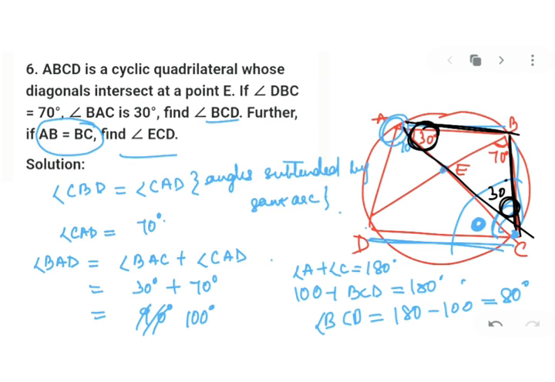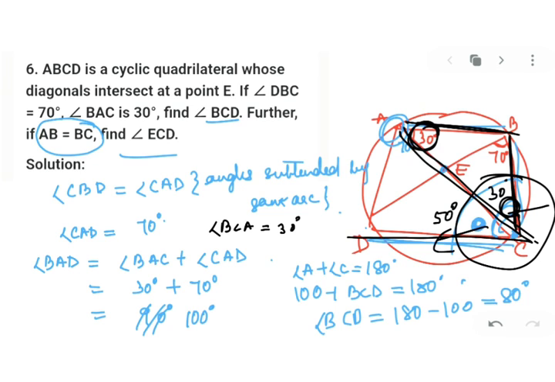So I can write angle BCA is equal to 30 degree. Once I got that as 30, if I subtract 30 from 80, what will remain will be 50. And that will be ACD. So angle ACD will be 50 degree. Got my point clear?